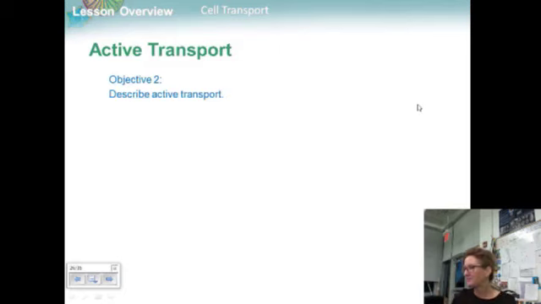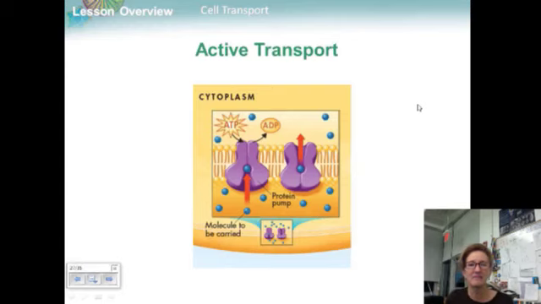Active transport. All right, sometimes cells must move materials against a concentration difference. The movement of materials against a concentration difference is known as active transport. Active transport requires energy. The active transport of small molecules or ions across the cell membrane is generally carried out by transport proteins or protein pumps that are found in the membrane itself.